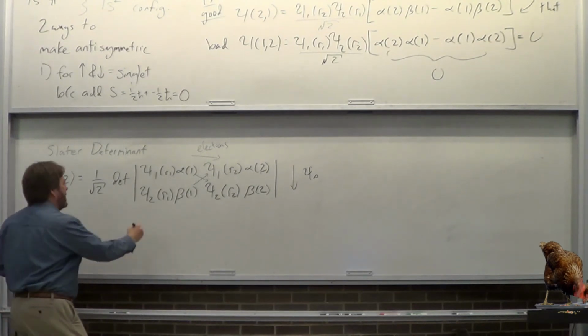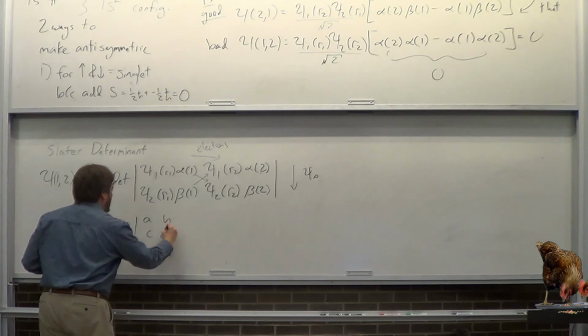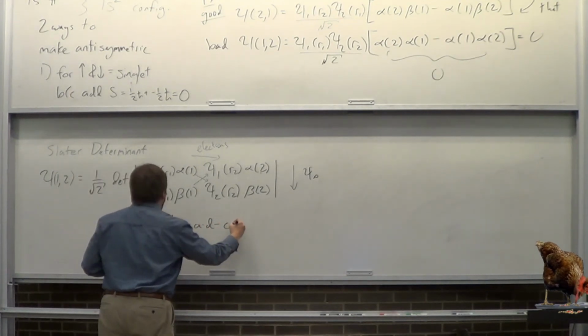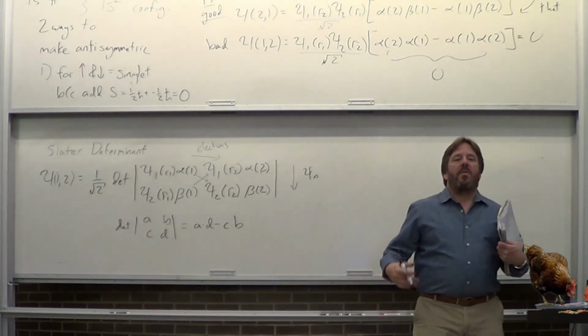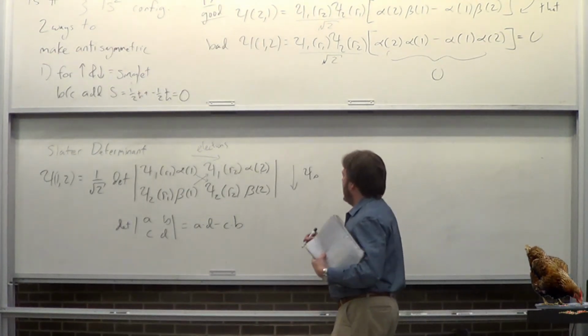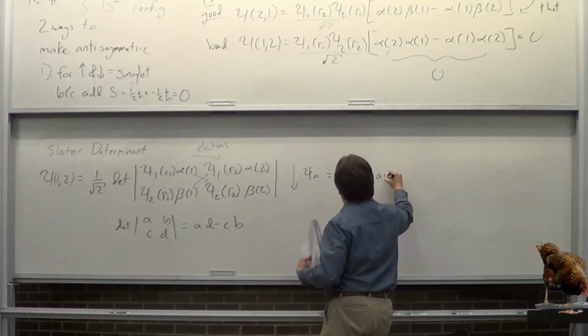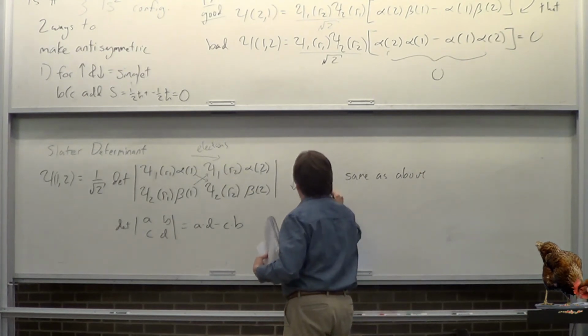All right, remember that? Let me just write that down. A, B, C, D is AD minus CB. Okay, so then that ends up, if you do that, same as above. Let me verify that.